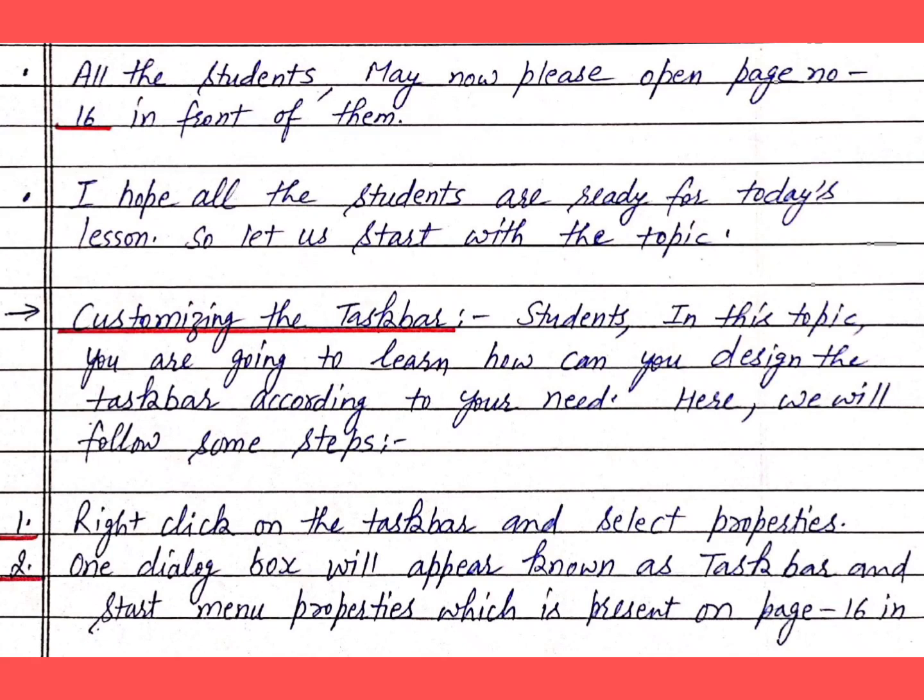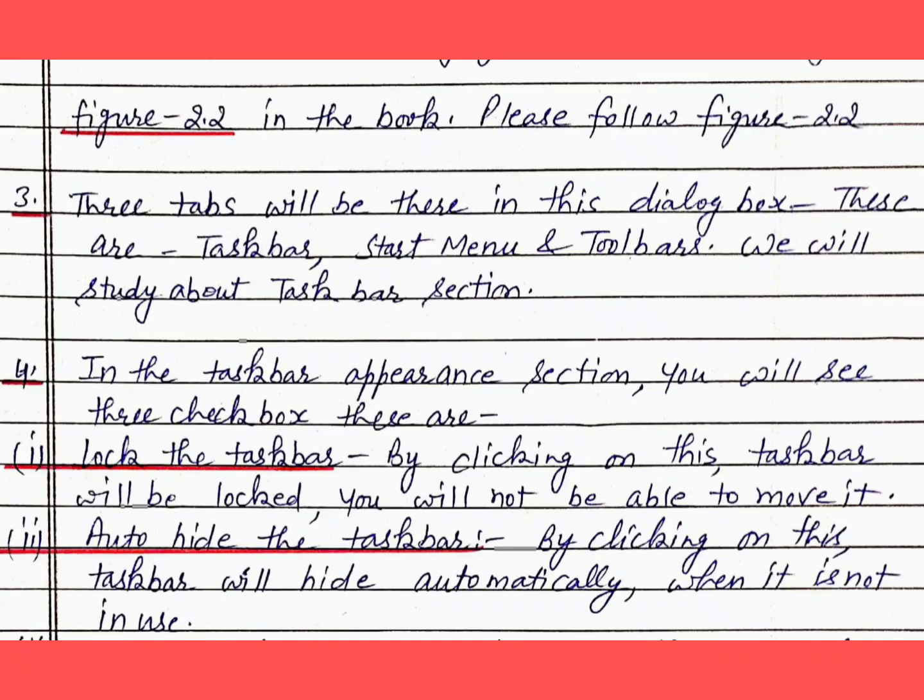Number 1. Right-click on the taskbar and select Properties. Number 2. One dialog box will appear, known as Taskbar and Start Menu Properties, which is present on page 16 in Figure 2.2 in the book.